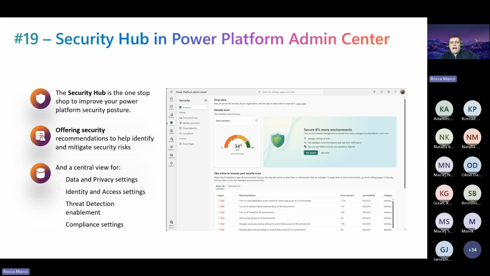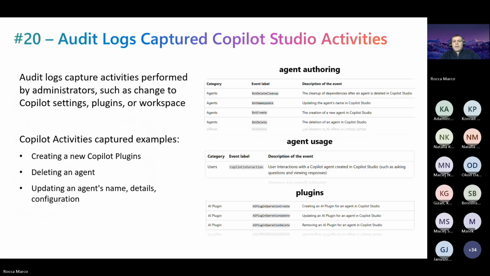You have also a security hub in Power Platform Admin Center that suggests to you possible improvement regarding security in all your environment. Audit log. Audit log is still a valid option to understand what's happened.